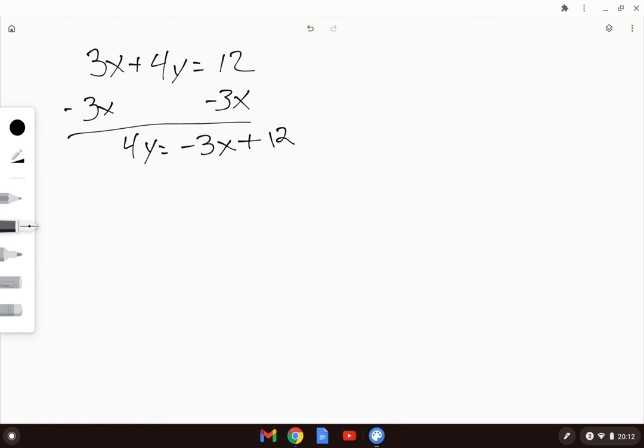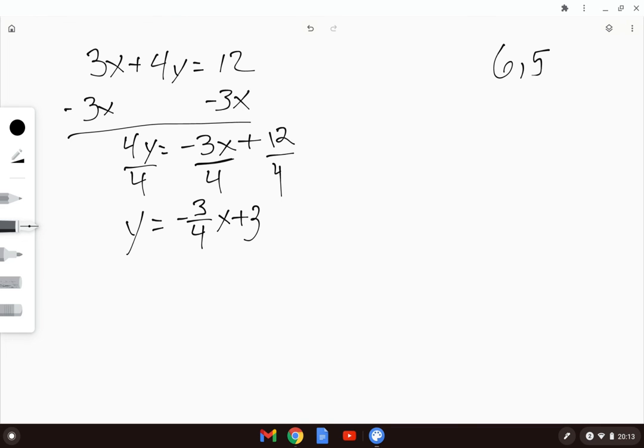Now that I've done this, I need to divide everything by 4 so the y is isolated by itself. So that there is the equation y equals negative 3/4 x plus 3. So we are trying to find a line that is perpendicular to this line that passes through the point (6, 5).